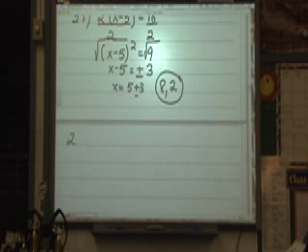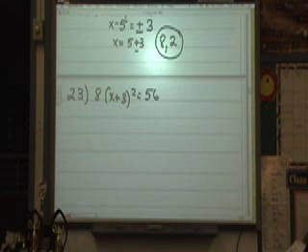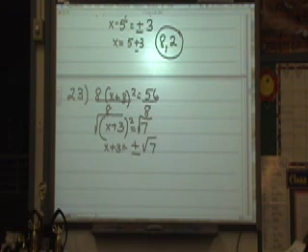Number 23, you have 8 times the quantity x plus 3, quantity squared equals 56. Isolate the perfect square, divide by 8, and you get x plus 3 quantity squared equals 7. Take the square root of both sides, and you have x plus 3 equals positive and negative radical 7.